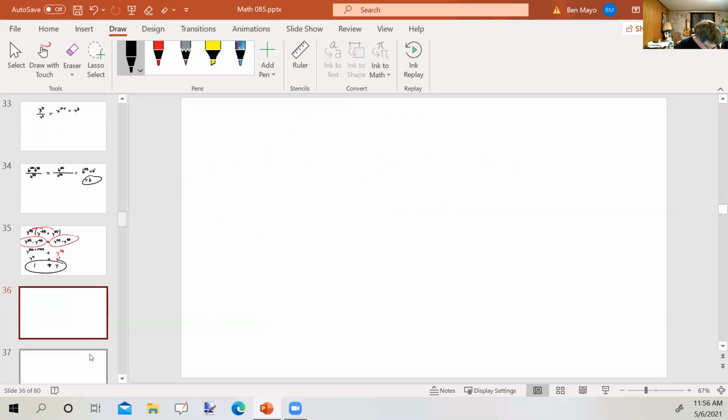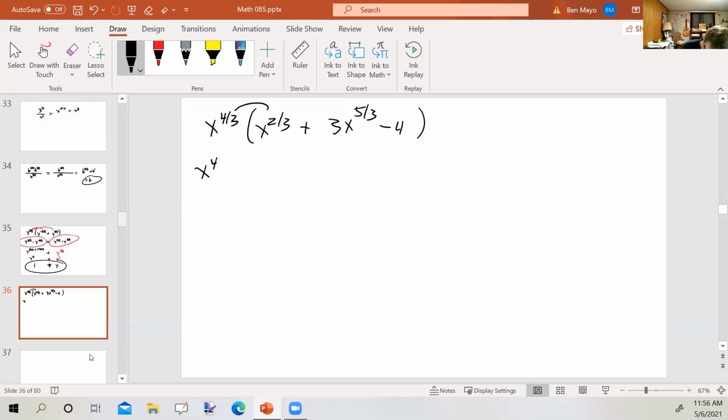And one more of those. We've got x to the 4/3 multiplied by the quantity x to the 2/3 plus 3x to the 5/3 minus 4. So distributing, I get x to the 4/3 times x to the 2/3 plus x to the 4/3 times 3x to the 5/3 minus 4 times x to the 4/3.